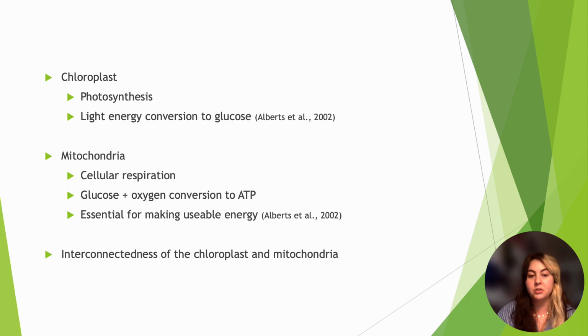And then for the mitochondria as a single unit, the process of cellular respiration, being taking that glucose product, adding it to oxygen, consuming those products, and using that to convert to ATP as a final source of energy that's in a usable form to the plant, should be the consideration there.